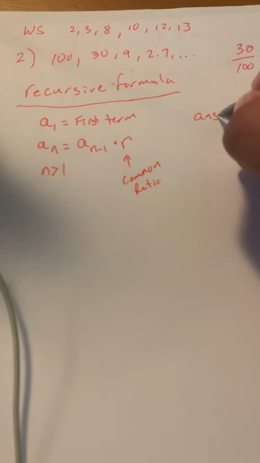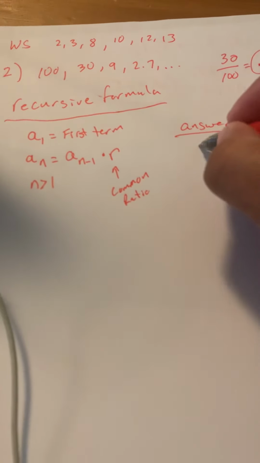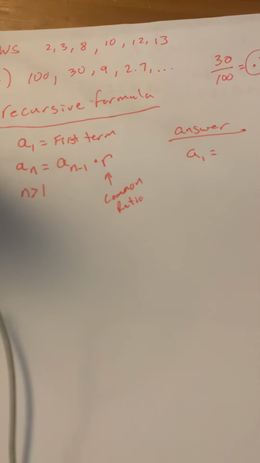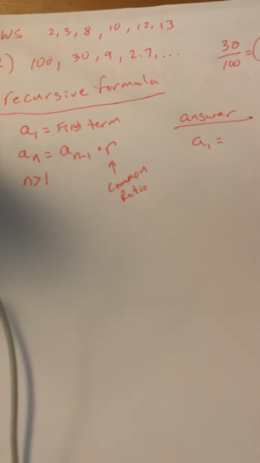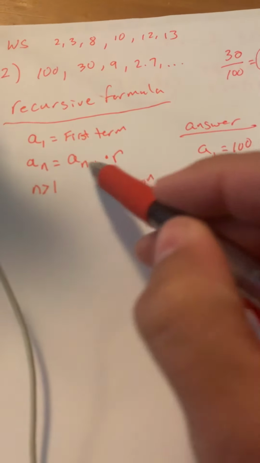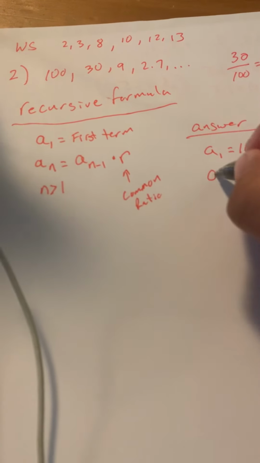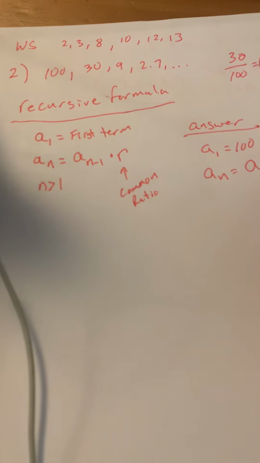So if I'm going to write a recursive formula for this problem here, here's the answer to problem number 2. I write a sub 1, and I write whatever the first term is of my series. The first term of this series was 100, so I put 100 here. Now I write the second line for my recursive formula, and it's always this: a sub n equals a sub n minus 1.